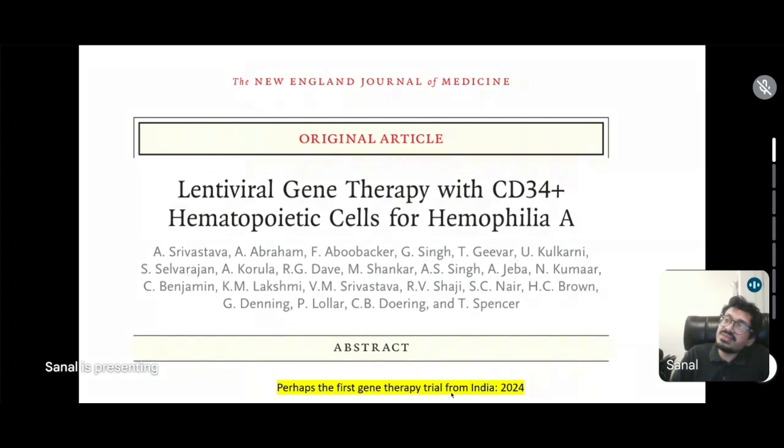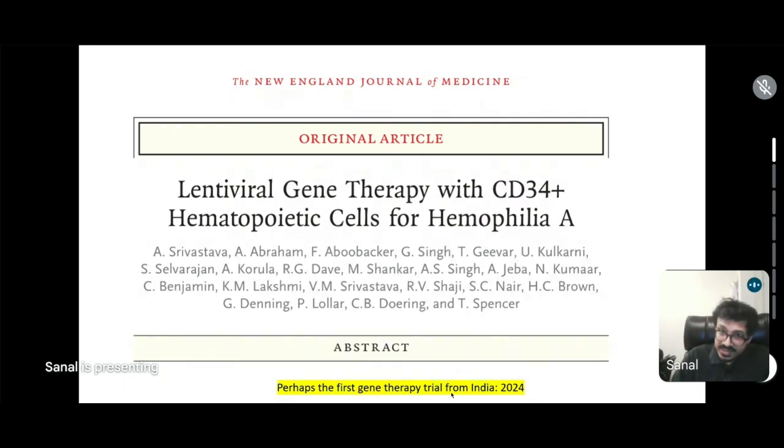Repeated bleeding causes destruction of the joint. After some time, they will not be able to use that joint, for example, the knee joint. So patients cannot walk properly, plus immense pain and suffering. This is the problem of hemophilia A. With gene therapy, now most of the people whom they have tried were practically cured of hemophilia.